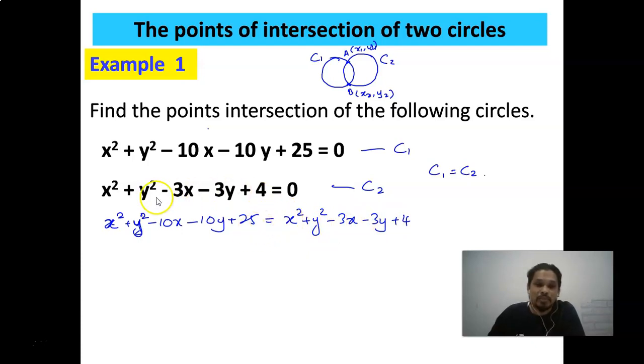If x squared is brought to the other side it becomes negative x squared, so x squared minus x squared, and y squared minus y squared.